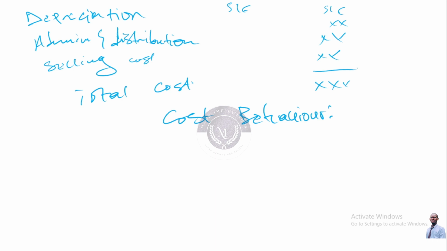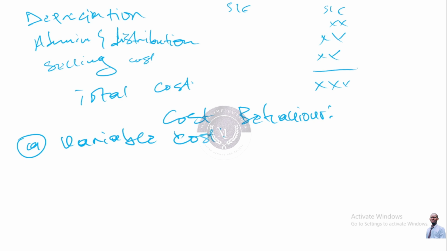Different costs have different ways they behave. That is their behavior. So now we discuss their variable cost.